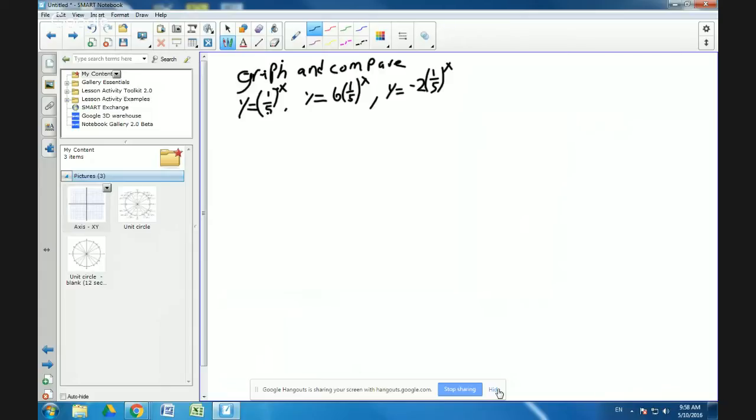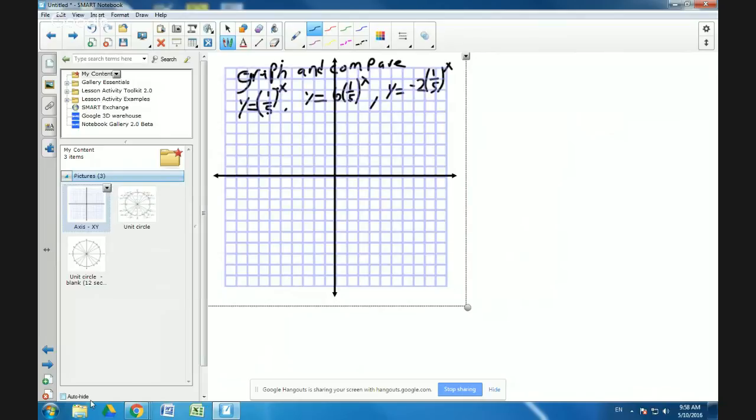So this is going to be a little bit different because here we're going to see a different way of graphing this.